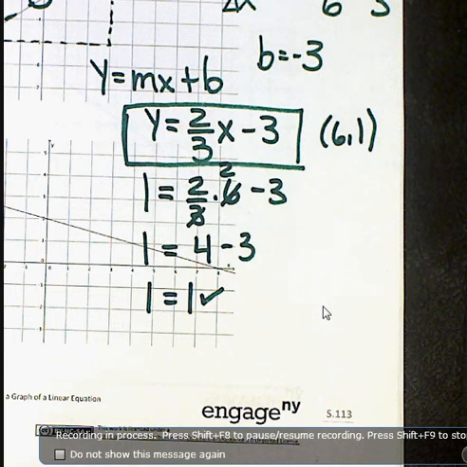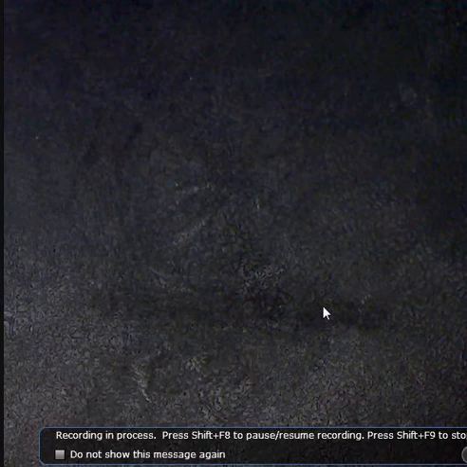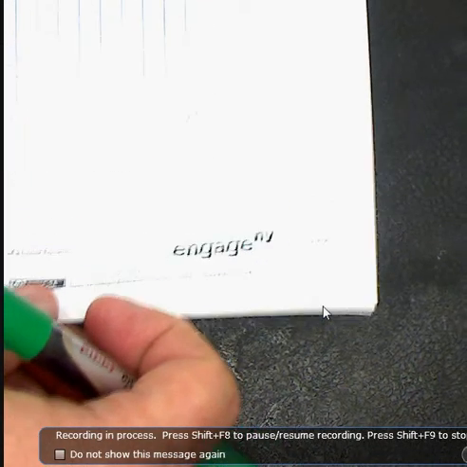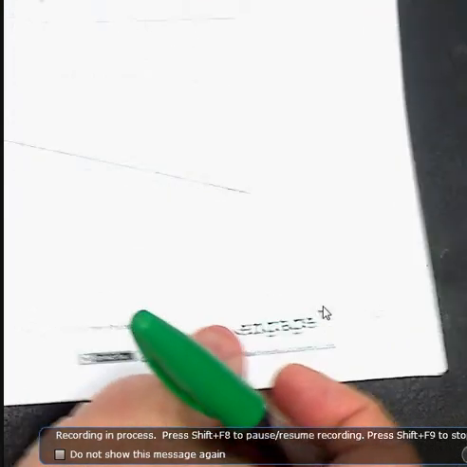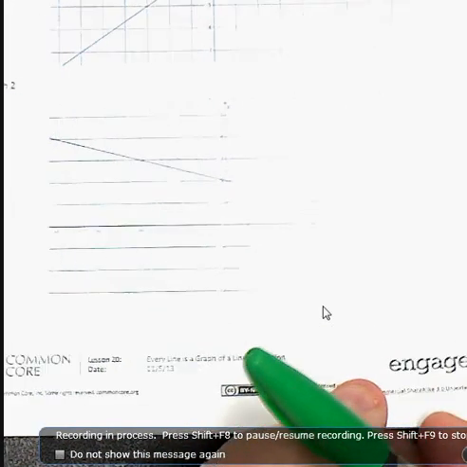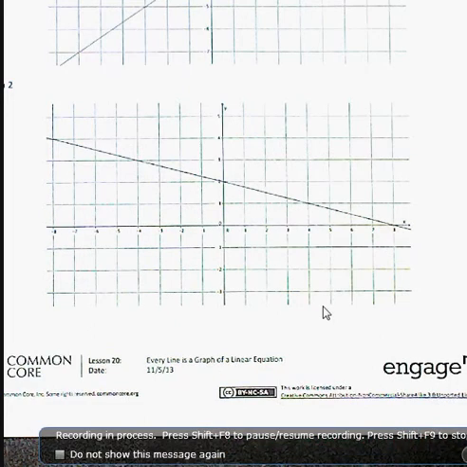All right, let's try the one below it. See if I can get this straight on here. This is always hard to do. Okay, so there's my equation. I want you guys to try to do it. Do the second one.